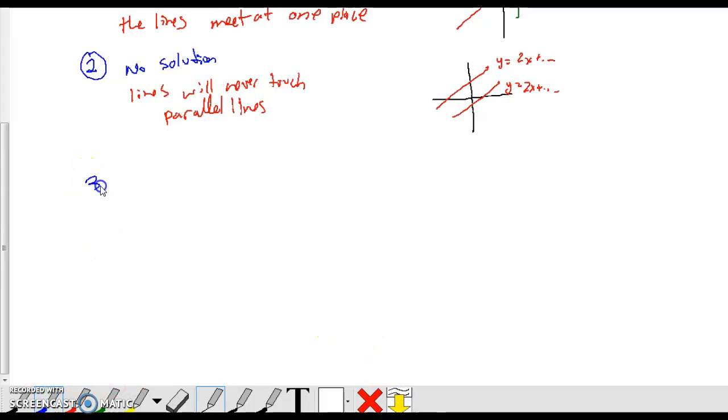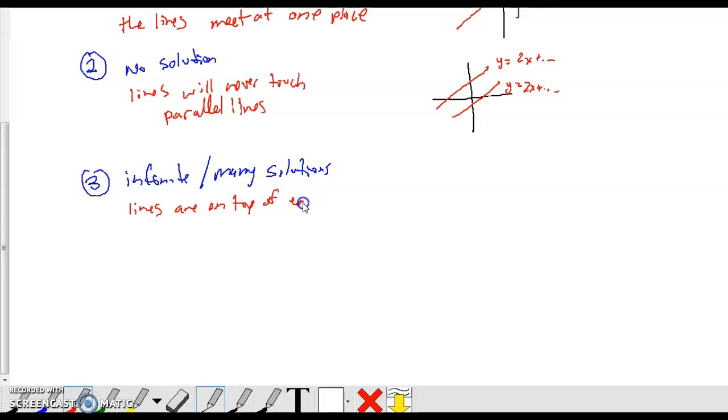And then the third one is infinite or many solutions. Basically what this means is that your lines are on top of each other, AKA they are the same line. So when you say many solutions, it doesn't mean any point on our graph is going to be a solution.